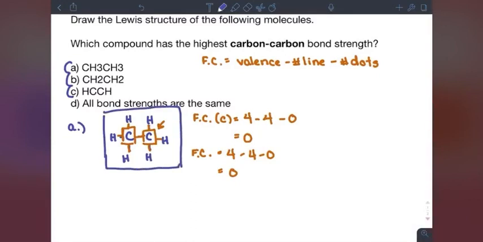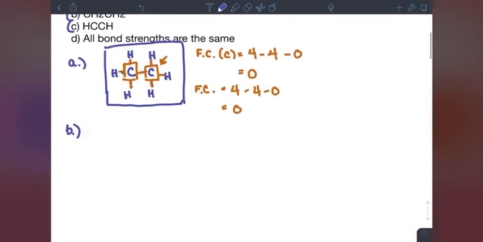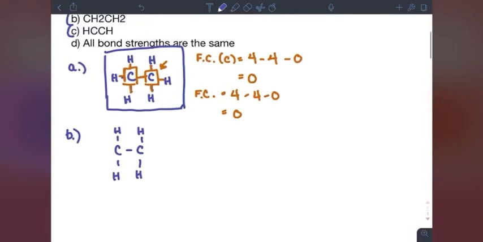Okay? So B, we have CH2CH2. We have 2 carbons and 2 hydrogens attached to both carbons. To make sure that the carbon has its full octet, you can do 2 things.